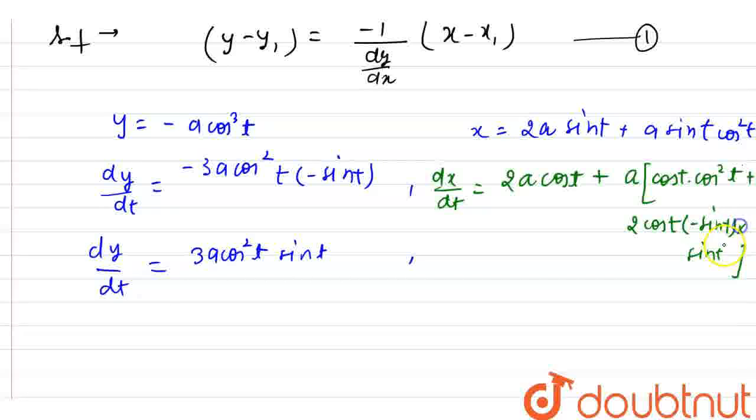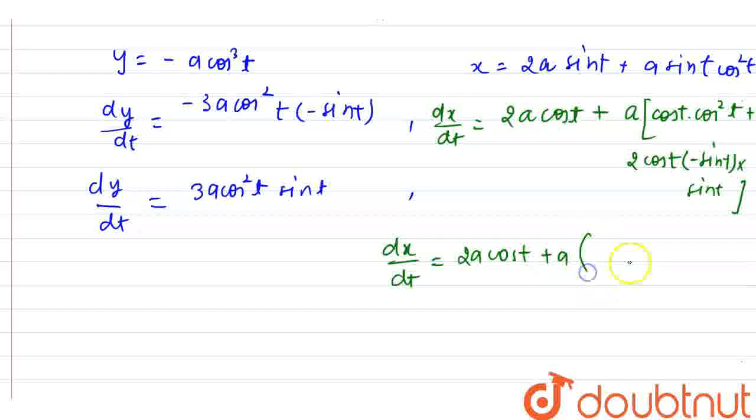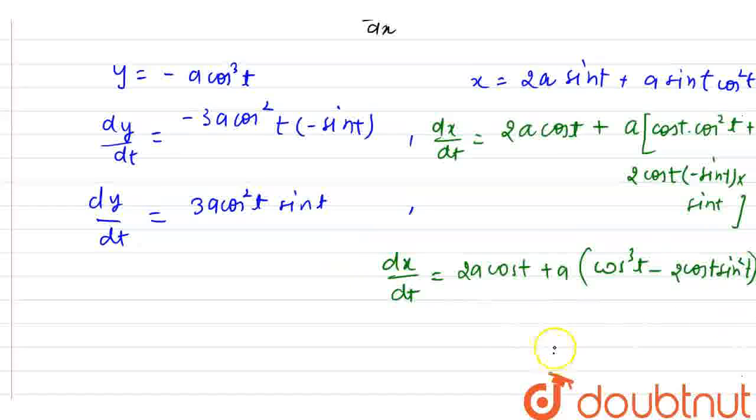I'm writing it again: dx/dt = 2a cos t + a cos³ t - 2a cos t sin² t. So this is the complete differentiation of x.